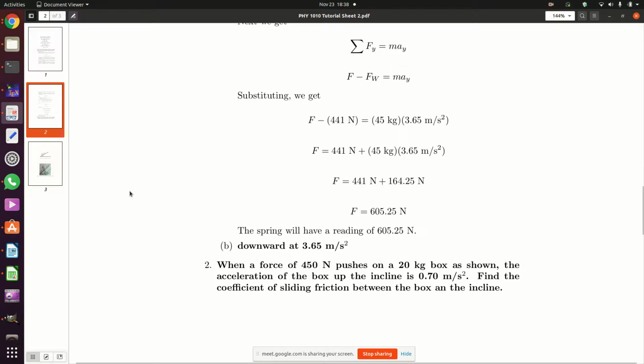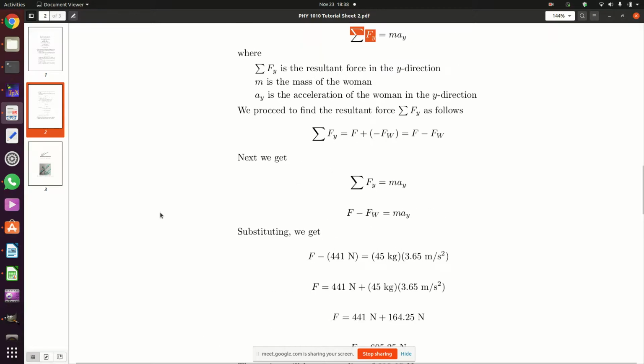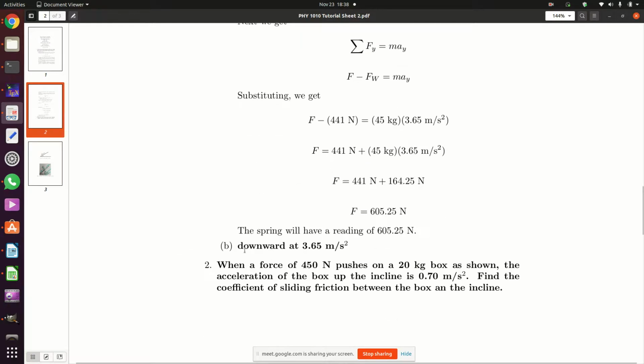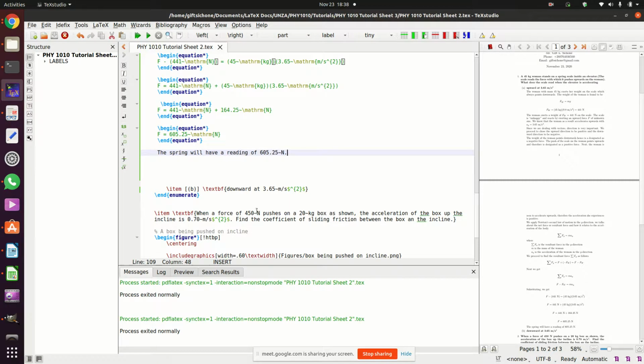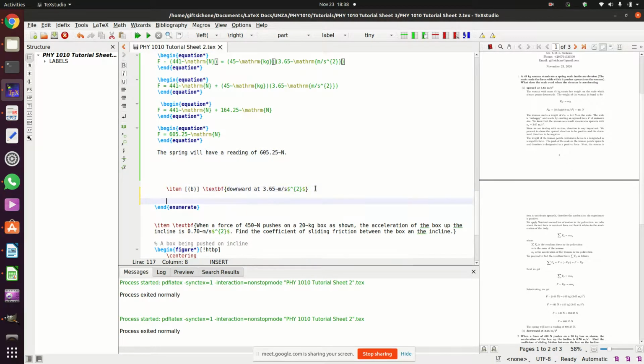Okay, so if there are no questions, next the elevator is moving down with an acceleration of 3.65 meters per second squared. The forces, the weight and the pushing of the spring, are still the same. They haven't changed.